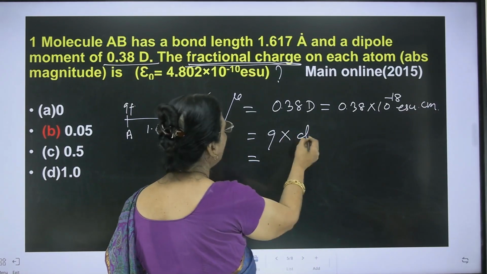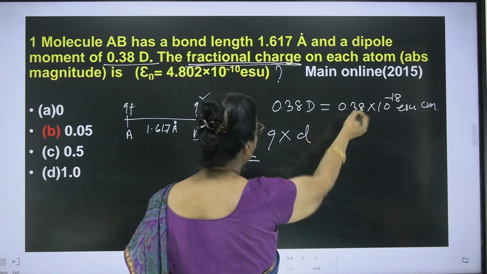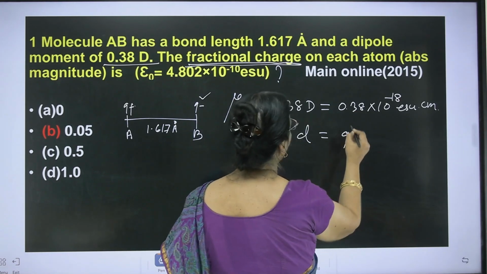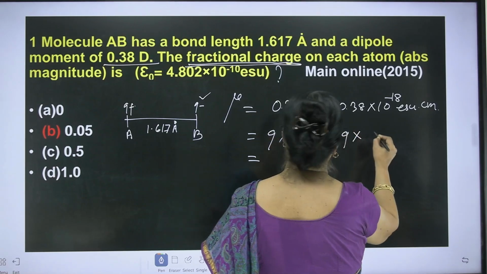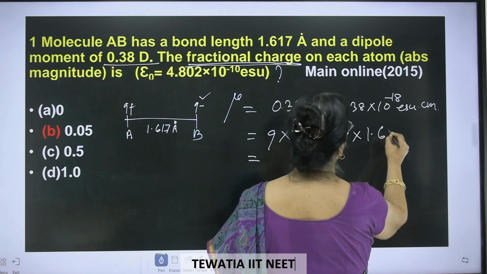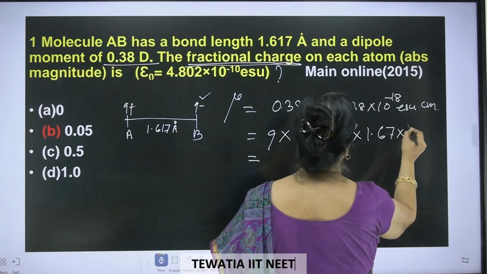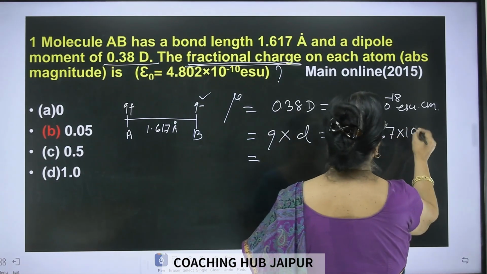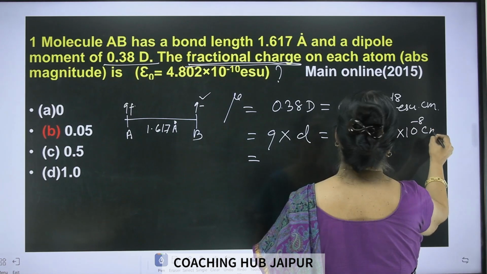And the distance is 1.67 angstrom, so 1.67 into 10 to the power minus 8 centimeter.